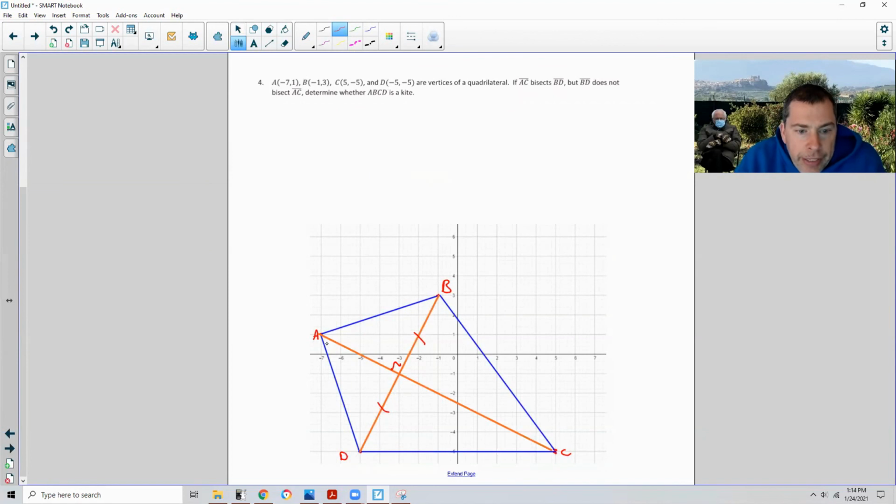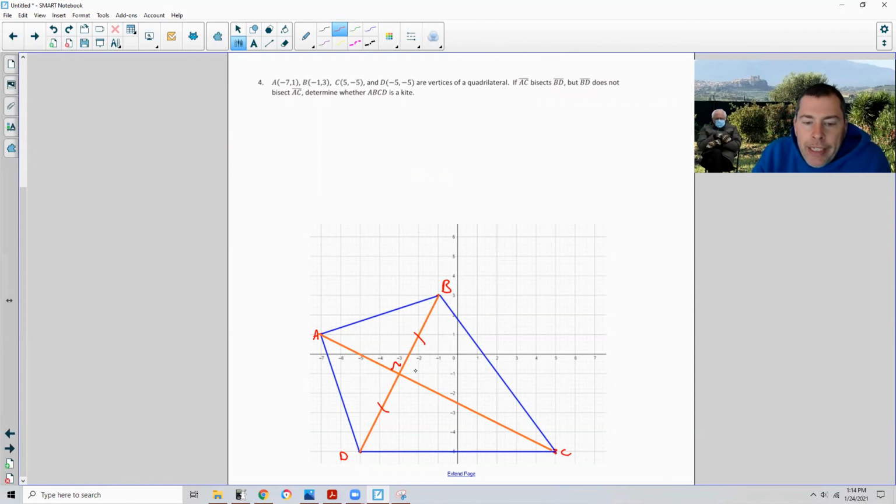All right, so A, -7, 1, B, -1, 3, C, 5, -5, D, -5, -5. So this is saying AC bisects BD. It does. But BD does not bisect AC. That is correct. Okay, determine whether this is a kite.